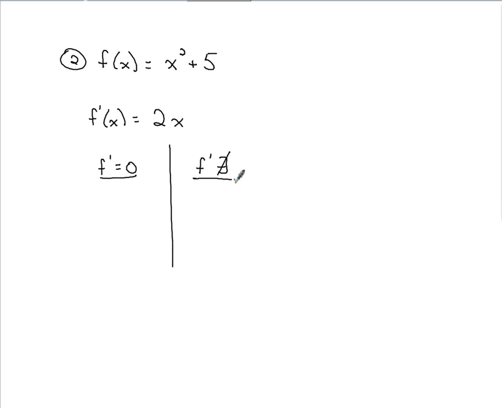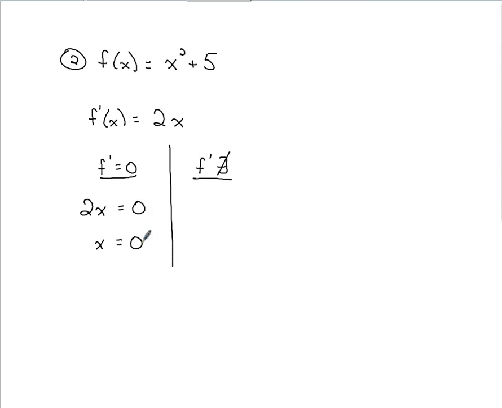The derivative we found is 2x. If we're looking at this derivative being equal to 0, then we take 2x, set it equal to 0, and solve for x. x is 0. Pretty easy.